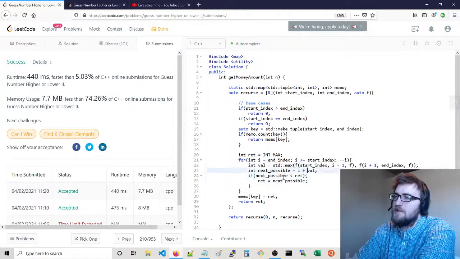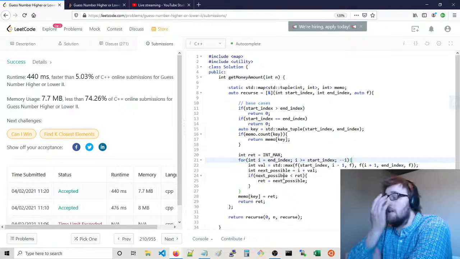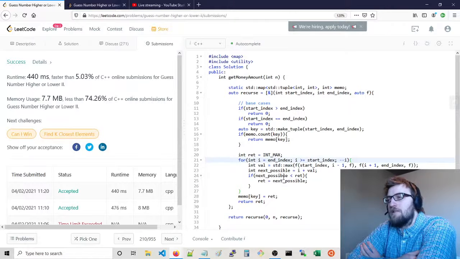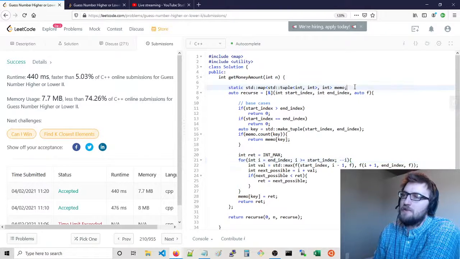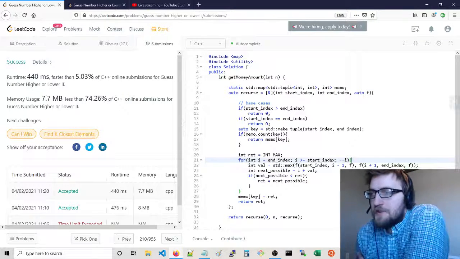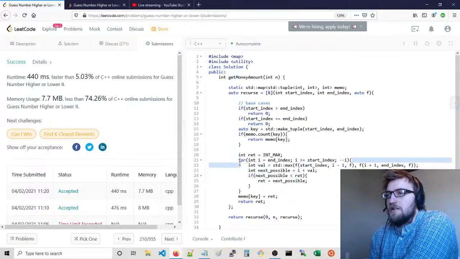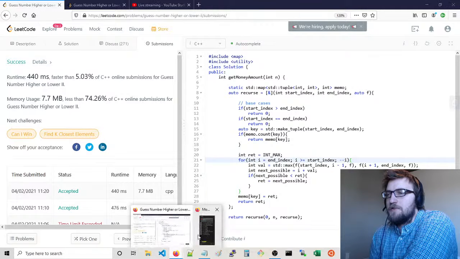I guess what I'm trying to say is that this loop could be made to be logarithmic rather than linear, and then we have O of n squared times log n, which is a lot more efficient. This outer loop could be made logarithmic rather than linear, which would make the algorithm a lot faster altogether.